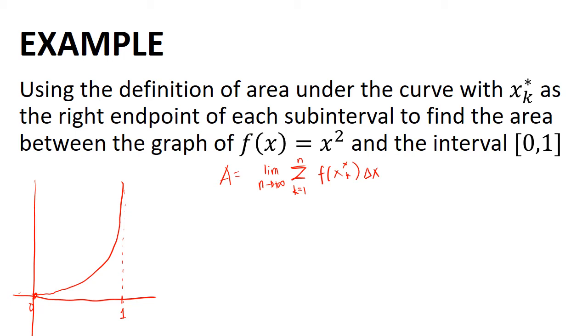Okay. Ang x star k natin, since it uses the right endpoint, is equal to a plus k delta x.